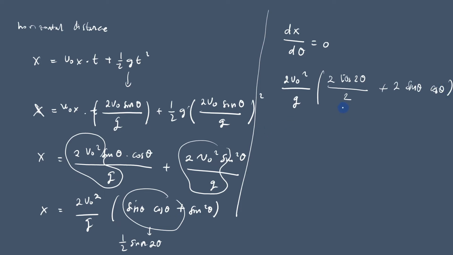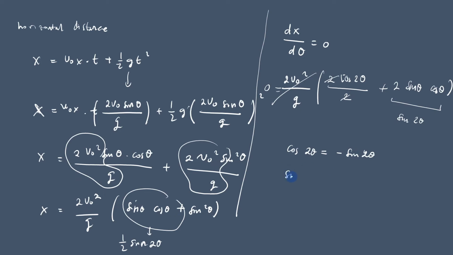Of course this equals 0, so we can eliminate this term, and we can write a sine 2 theta, and we get the equation cos 2 theta equals minus sine 2 theta.